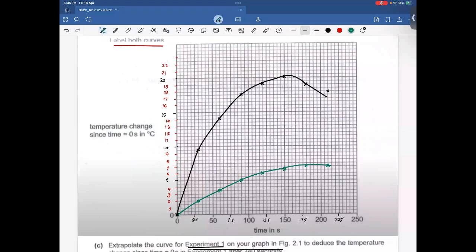Okay, that's this. So this is your experiment 1. And this is your experiment 2, because we need to label that.